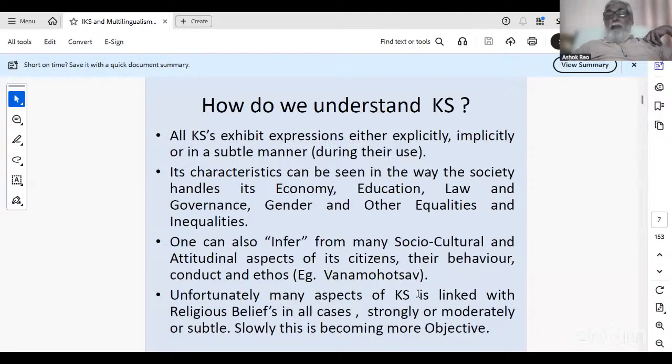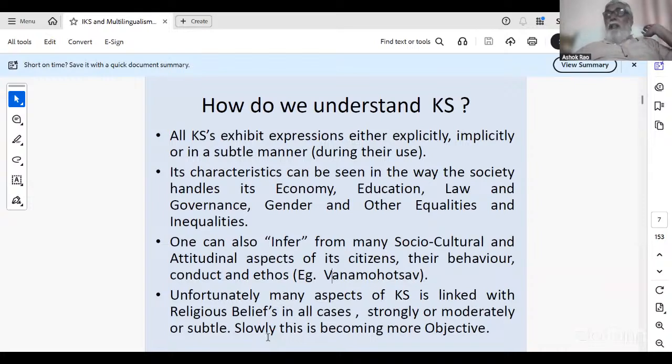Unfortunately, many aspects of knowledge system are linked with religious beliefs in all cases, some very strongly or moderately or even subtle, but slowly this is becoming more objective. So people are becoming maybe less ritualistic now, unlike in the past where every day was a major ritual.